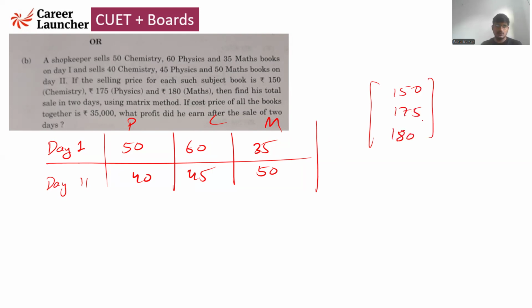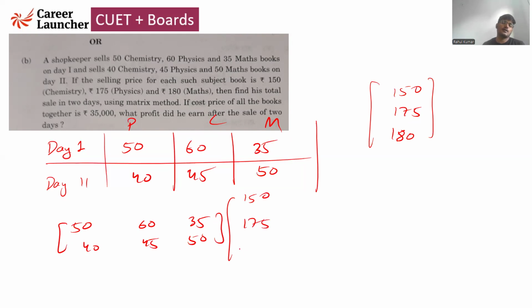You need to find how much money is made from the day one and day two sets. First, you create a matrix [50, 60, 35; 40, 45, 50], which will be multiplied with (150, 175, 180).